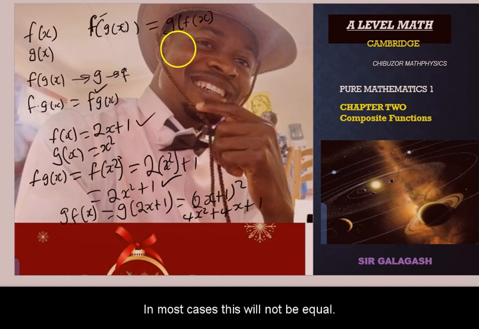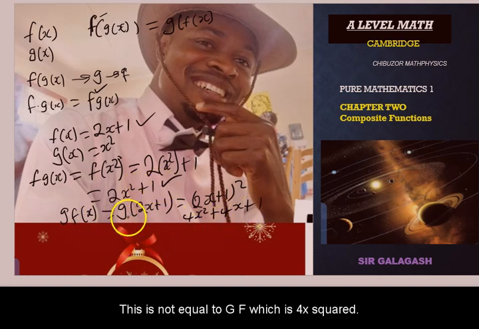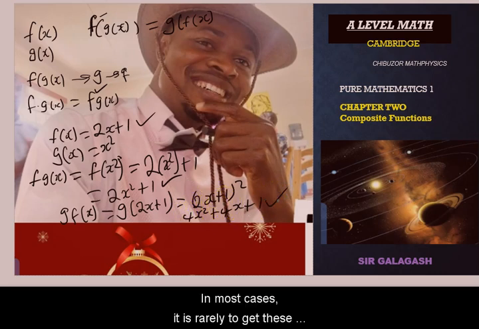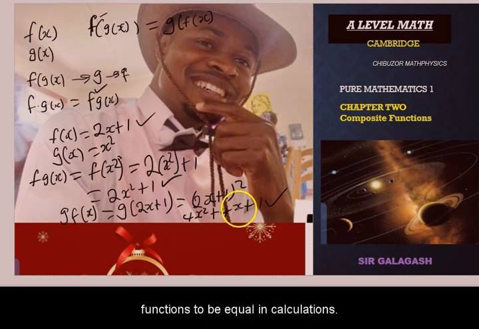In most cases, these will not be equal. Just like you have seen, the function f g of x here gives 2x squared plus 1, which is not equal to g f of x, which is 4x squared plus 4x plus 1. In most cases, it is rare to get these functions to be equal in calculations.